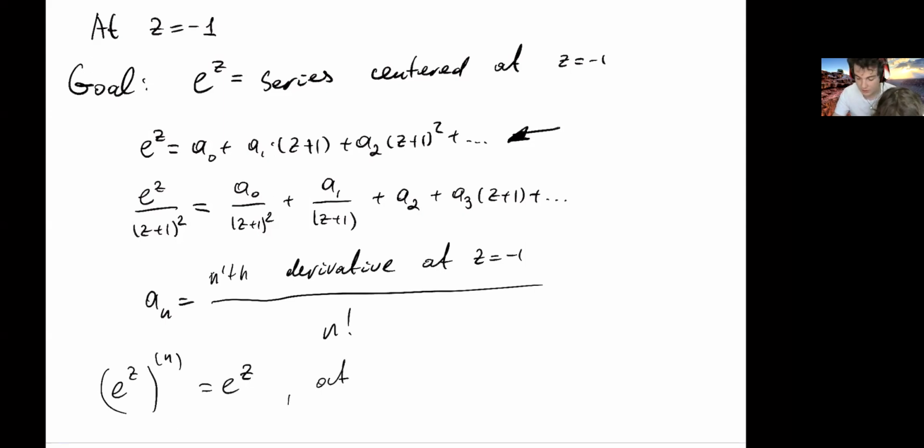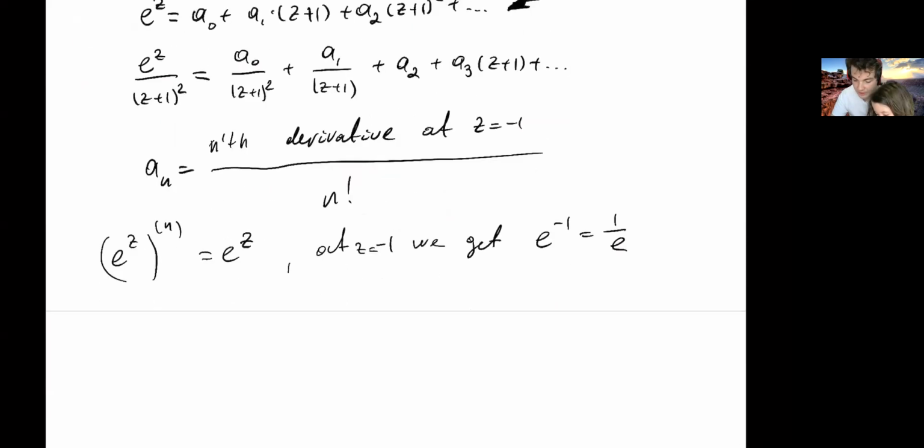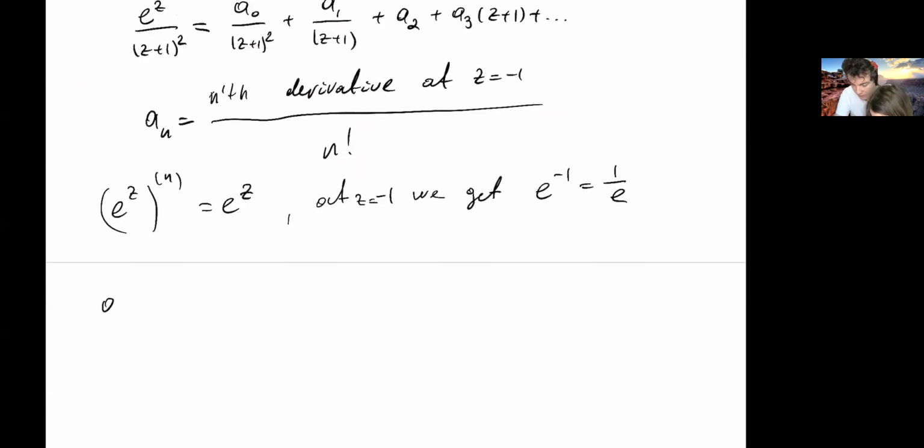So at -1 we get e to the -1 always, which is 1 over e. And so a_n is just 1 over e divided by n factorial.